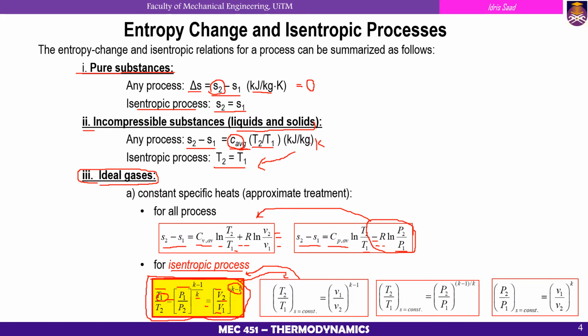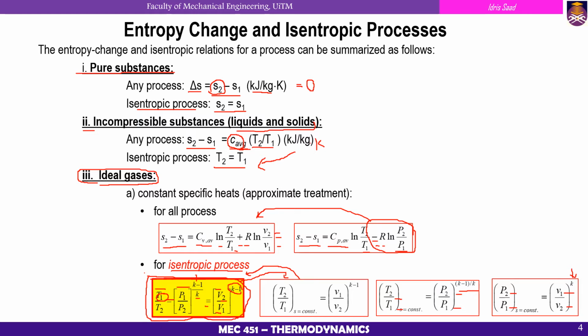Similarly, we can get it from this equation. T2 divided by T1 for an isentropic process is equal to P2 over P1 to the power of (K minus 1) over K. Finally, we can do the relationship between the pressure and the volume: P2 over P1 is equal to V1 over V2 to the power of K. So these are what we call the three relationships based on the general equation for the isentropic process.